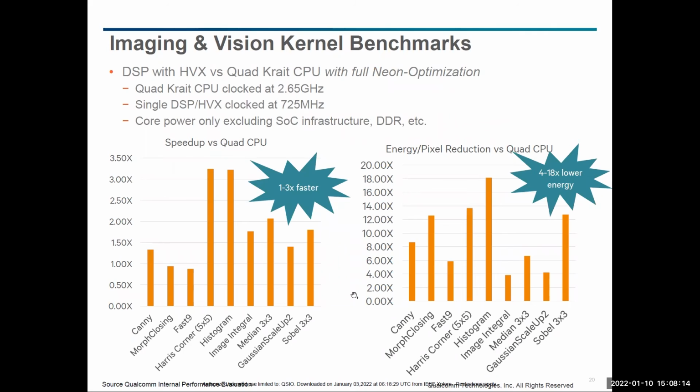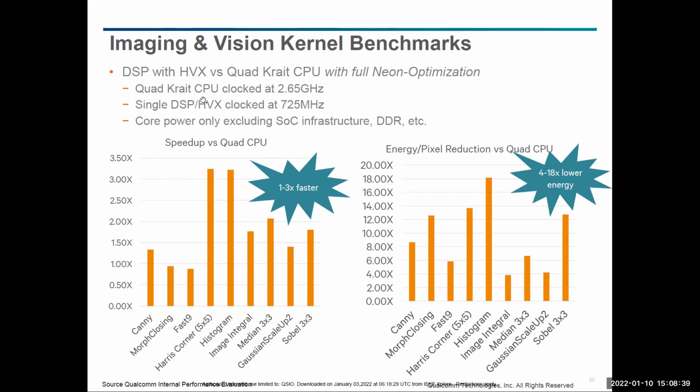Okay, so here we have some interesting data to demonstrate both power as well as the performance of the DSP. Over here, we have taken into account some imaging and computer vision kernel benchmarks. The comparison, as I mentioned earlier, is of the DSP running on HVX against a quad-core Krait CPU with full NEON optimizations.